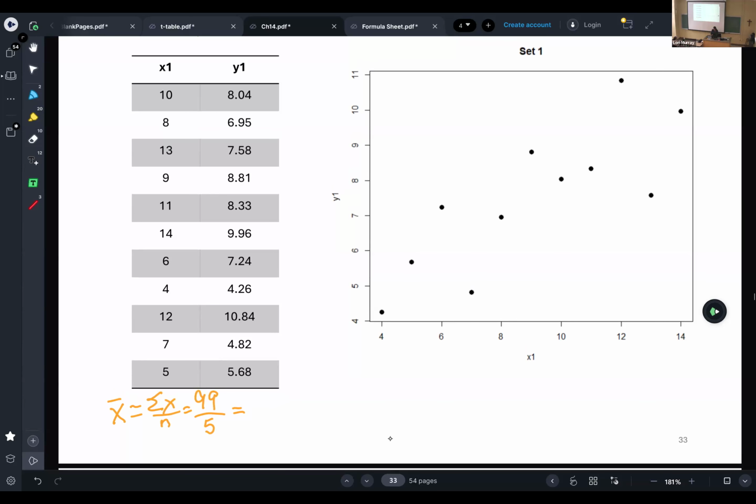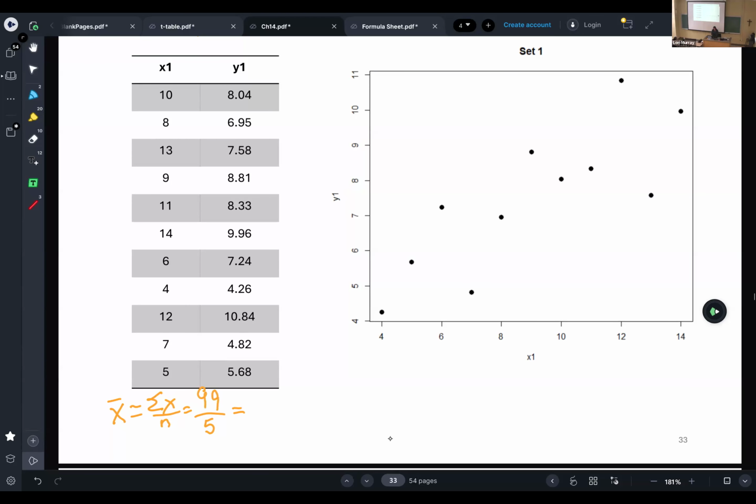I don't think it's 99. What is the sum? 10 plus 8... Yeah, 99. So the sum is 99.